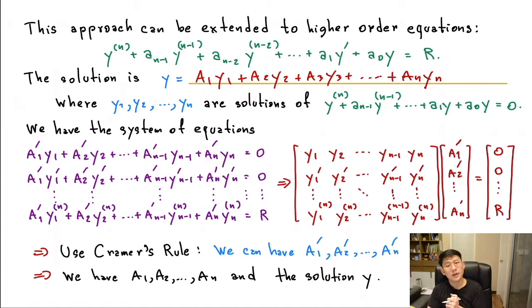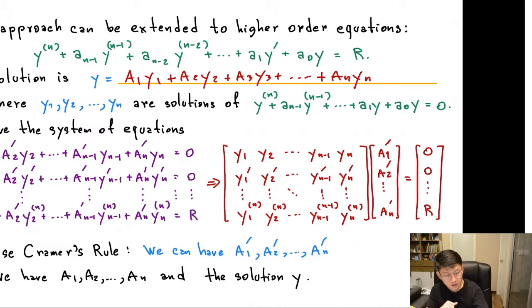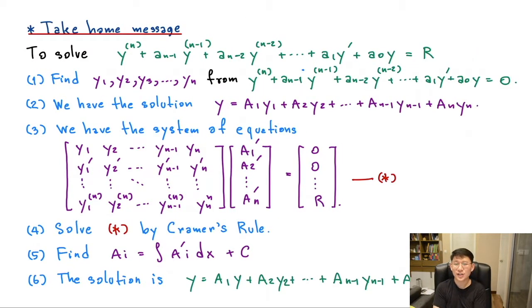Guys, this is just an idea. You don't need to completely understand it, because you have the take-home message. The take-home message is that if you want to solve this equation, first you find y1, y2, y3 to yn by assuming that the right side is 0.